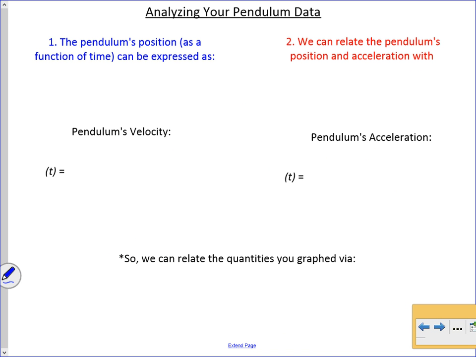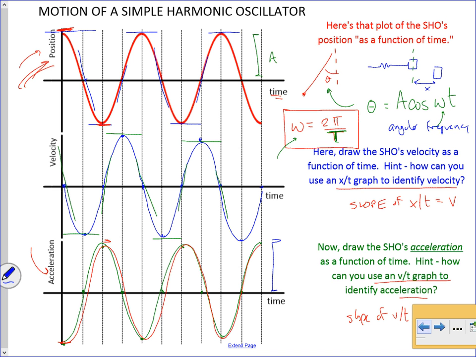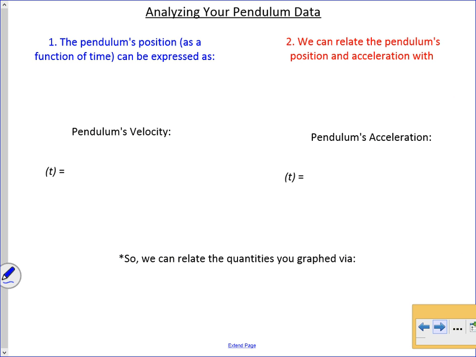For those analyzing pendulum data, first, we have to agree that here on the top is position versus time. That means we can express the position of our pendulum as a cosine function, with some amplitude and some angular frequency, and the position depends on time.